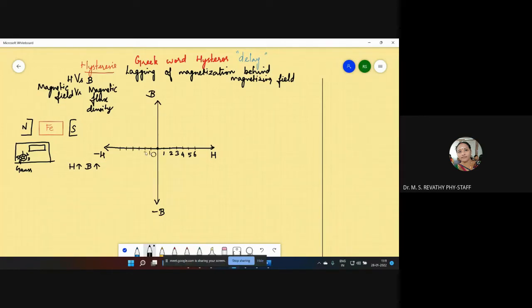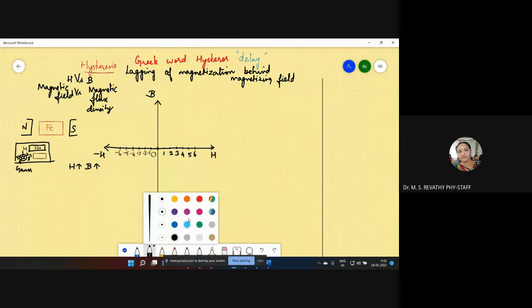Now, when I increase the Gauss value to 1, what happens? There will be a corresponding value of B. So this is H and this is B. When I keep the magnetic field at 1 Gauss, the magnetic flux density will be somewhere; the corresponding value I can mark here.